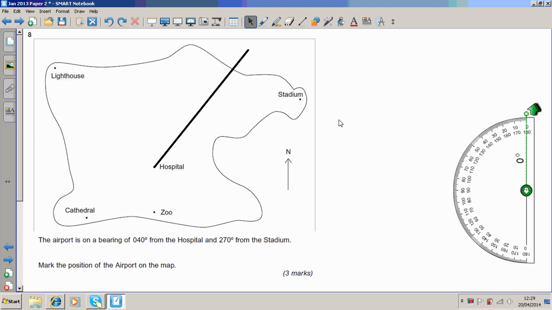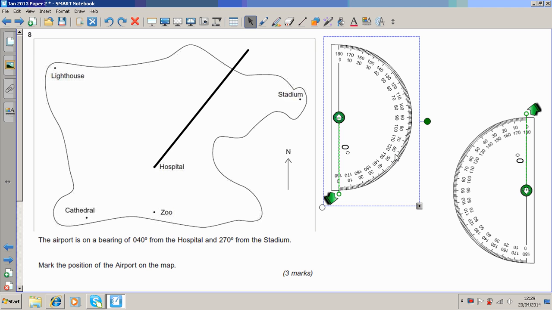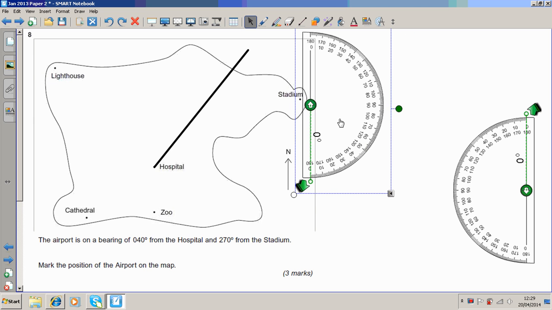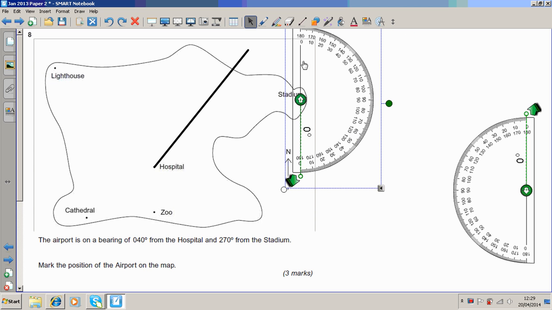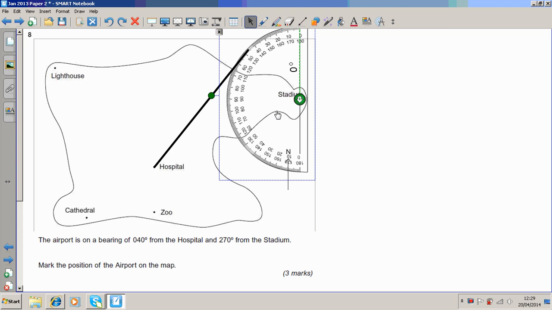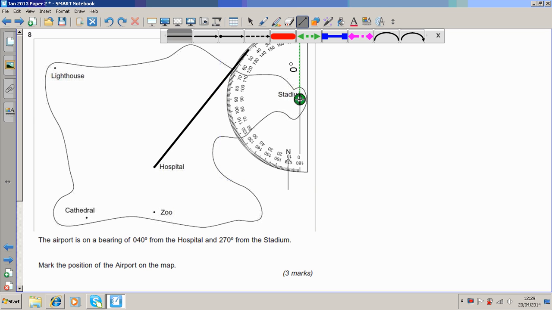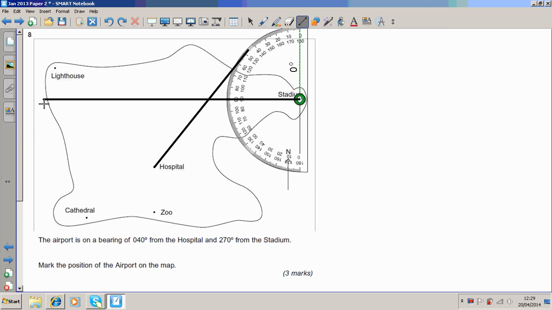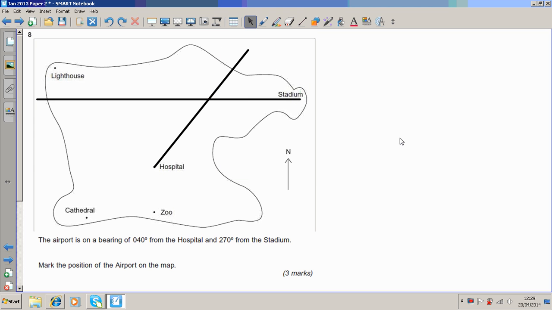And now 270 from the stadium. Now the problem we've got a little bit is with our small protractors, half protractors, we only go around 180 degrees from here. So how many more degrees do we need to go? Well, we need to go 90 degrees further to get to 270. So another 90 degrees further is going to be there. So our airport is somewhere along there.